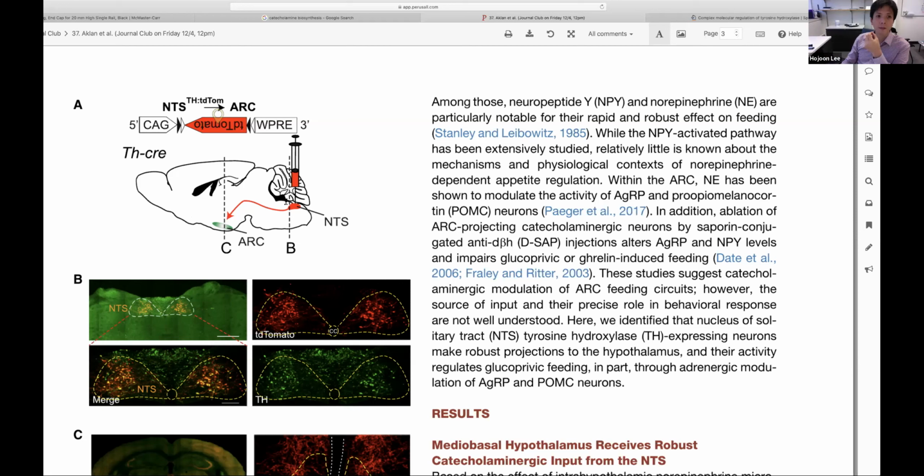It's specific. Oh, so that's just showing that the TH tdTomato positive thing worked. Yes. They're just showing the TH labeling, that is the cells with antibody staining, and then tdTomato is just tdTomato. So in a perfect experiment, you would expect the green and the red to be 100% overlapping.